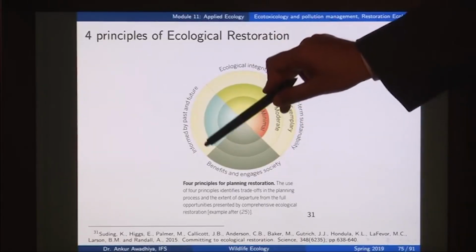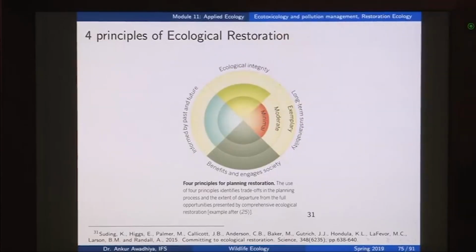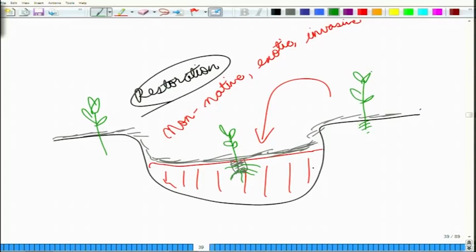Secondly, it has to be informed by past and future. So, basically when we say that we are doing some planting operations here, we need to look into all different case studies that have been done. So, we need to go for the best practices whenever we are planting any material here. So, for instance, you need to know what is the size of the hole that you need to dig in this area.